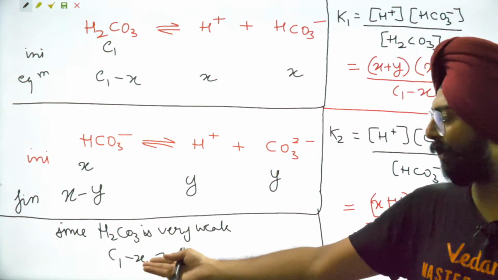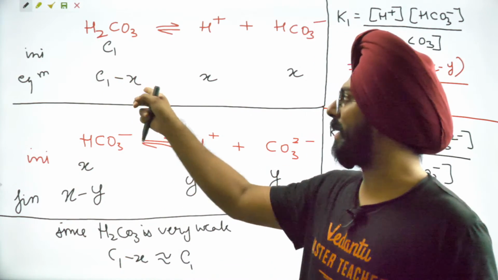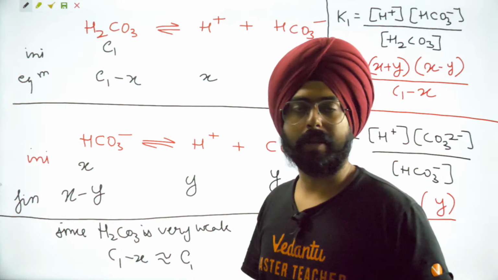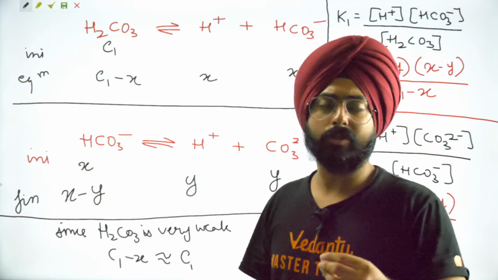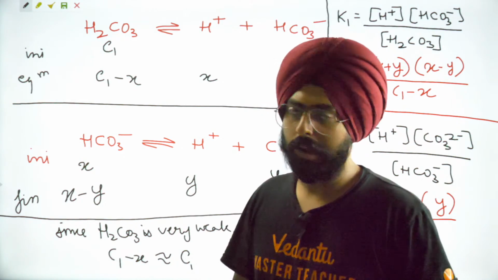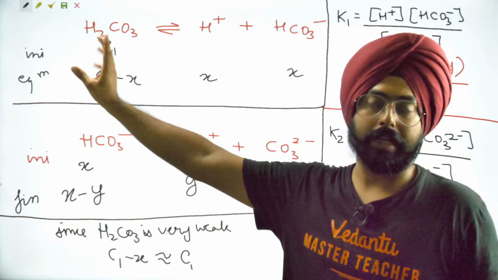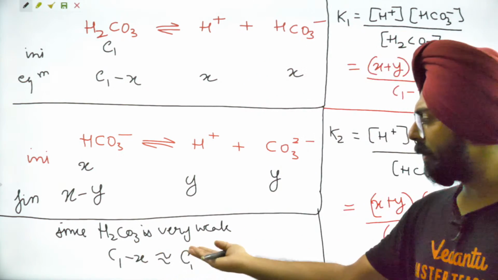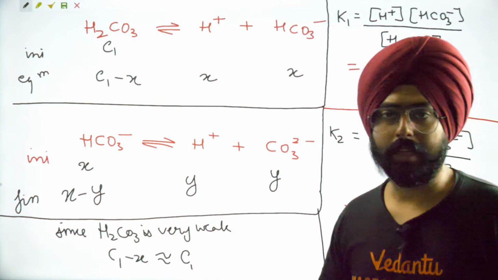This is what we've been doing till now, है ना. C1 minus X, X is going to be what, 0.0 something percent. I mean, not 0.0 something percent. It's going to be a 0.05, 0.04 number, है ना. Very small number subtracted out of the initial amount. So again, C1 minus X is approximately equal to C1.